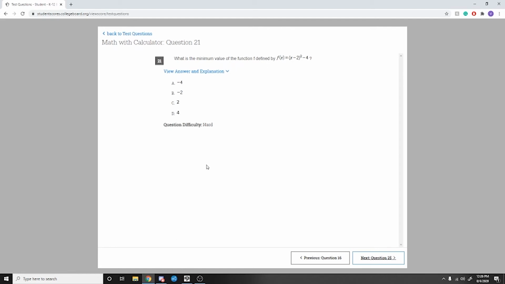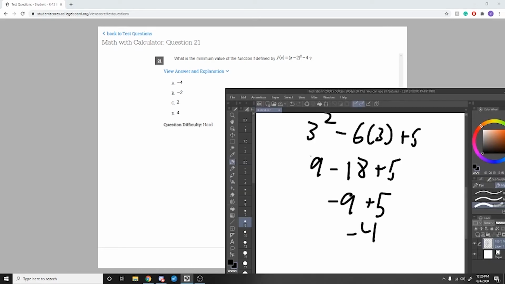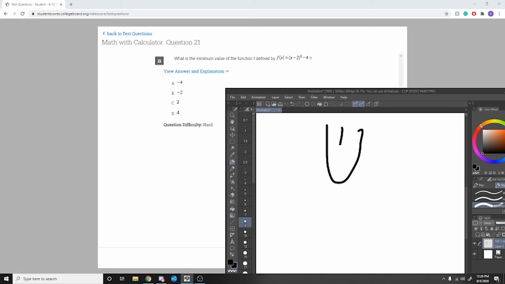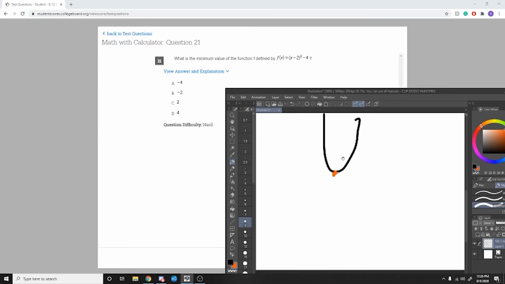For this one, all you have to know is that negative 4 is the minimum value. I don't know how else to explain it, because the x minus 2 inside the parentheses shows how far to the left and how far to the right the vertex is. And if you don't know what a vertex is, in the parabola, the vertex is the lowest point right there.